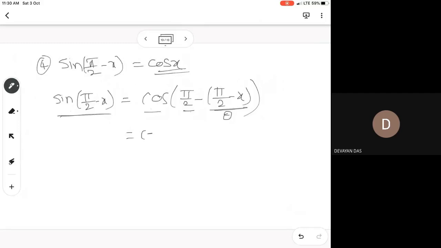Now simplify it, what do you get? Cos of pi by 2 plus x, pi by 2 will get cancelled, which is equals to cos x. Sin 90 minus theta, that is sin pi by 2 minus x, is equals to cos x. Next, with the help of the above two, you can prove sin x plus y.